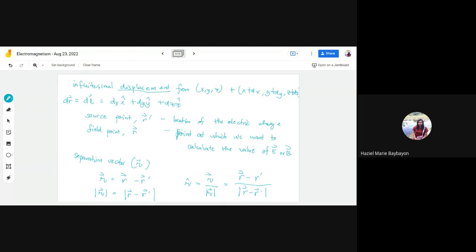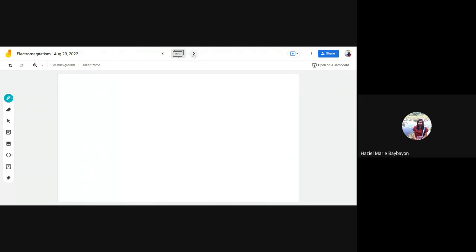So to visualize, let us draw this one. For example, naadiri mo ang source point. Again, your source point can be where the electric charge is located. So this is the source point, for example, which is denoted by r prime.